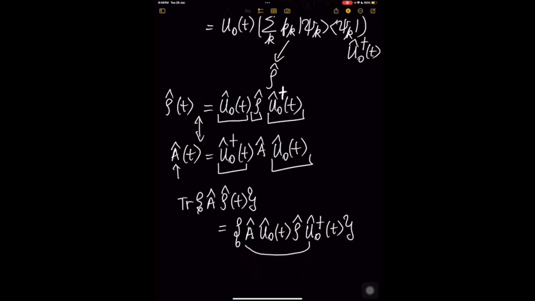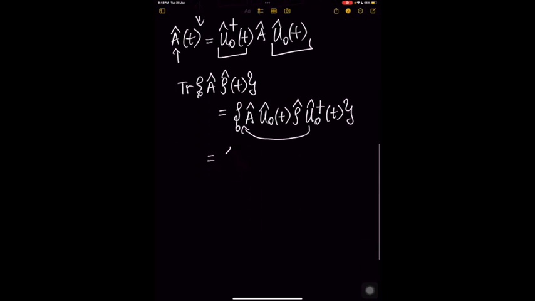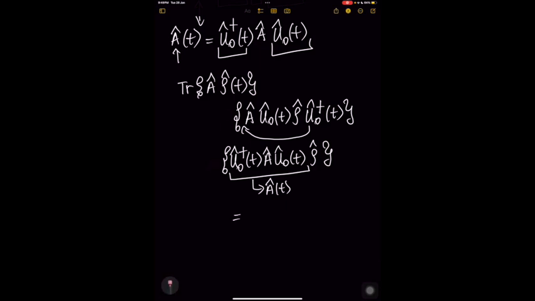Now you can move this here, and then you get U hat dagger(t) A hat U hat(t) times rho. And this is again, as I just mentioned, A hat(t). So it is equal to the trace of A hat(t) rho. That proves what I previously mentioned, that the two situations are equivalent.